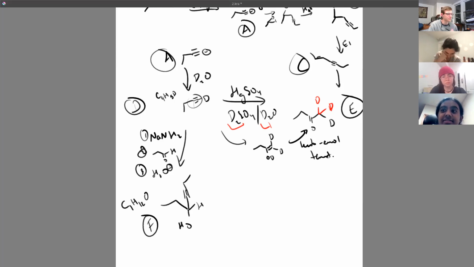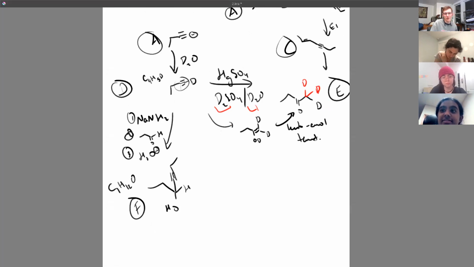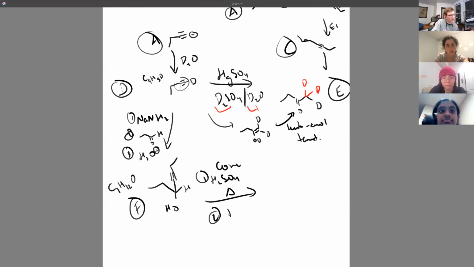Okay. Cool. And the last part that they say is that you can use concentrated sulfuric acid and heat followed by H2 and Lindlar's catalyst, and you wind up getting the same thing out as we got earlier.